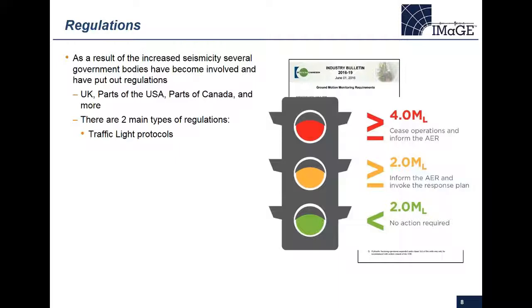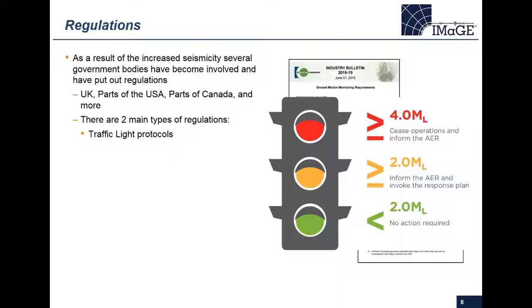So this schematic here on the right is an example of the Alberta traffic light protocol. And I'll just give a quick walkthrough about it for anybody who's not familiar. So for this type of regulation, operators are required to do real-time monitoring and processing of events to generate the magnitude level of each event in real time.